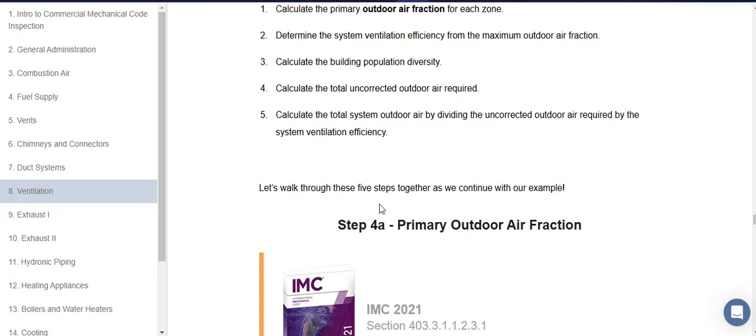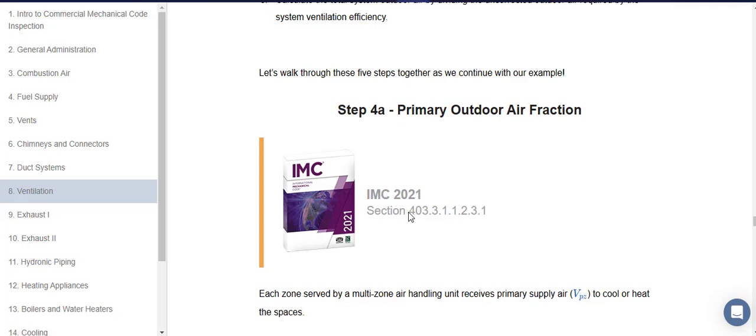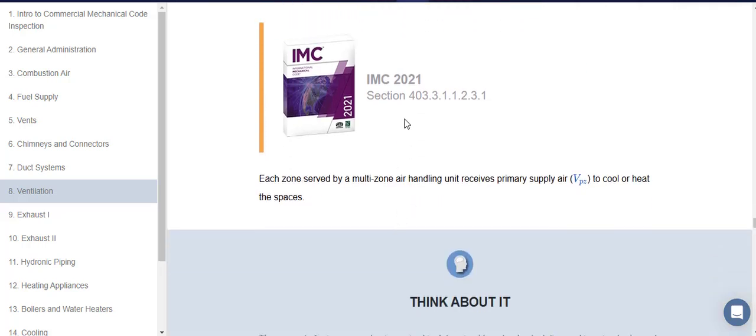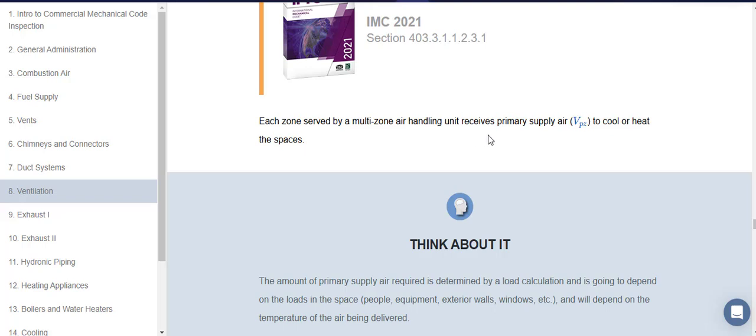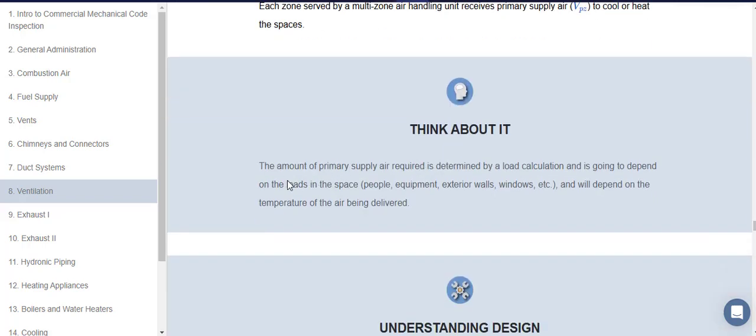Let's walk through these 5 steps together as we continue with our example. Step 4A, primary outdoor air fraction. International Mechanical Code 2021, Section 403.3.1.1.2.3.1. Each zone served by a multi-zone air handling unit receives primary supply air Vpz to cool or heat the space.